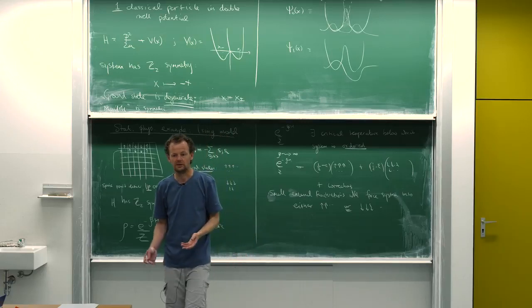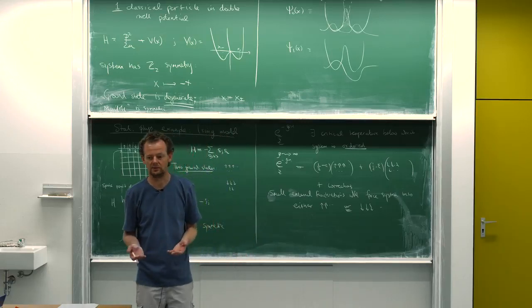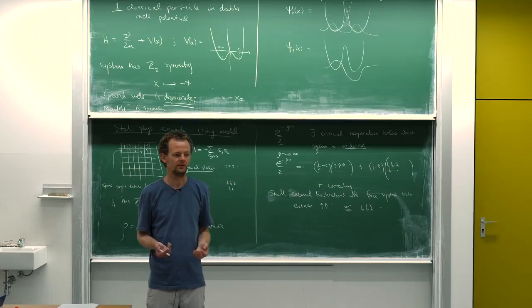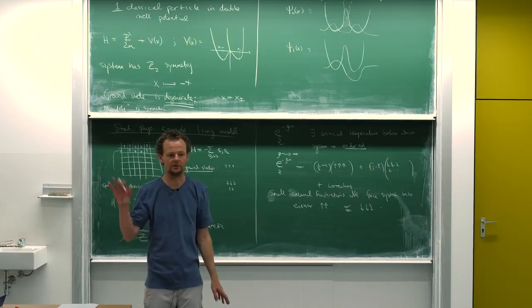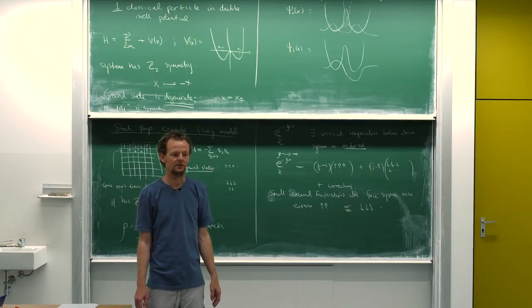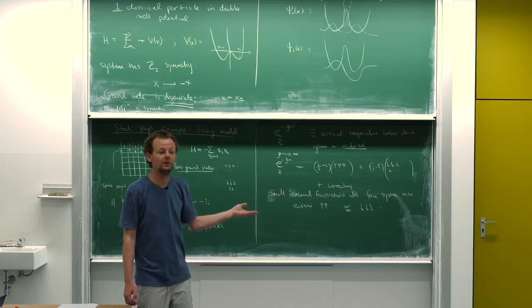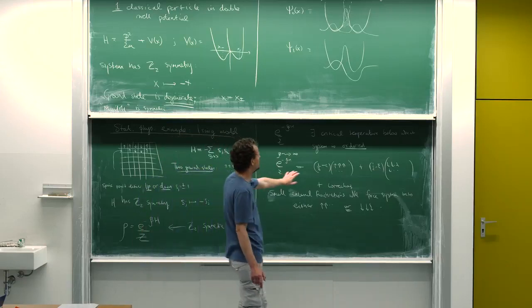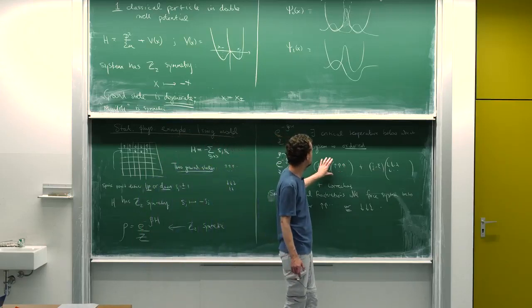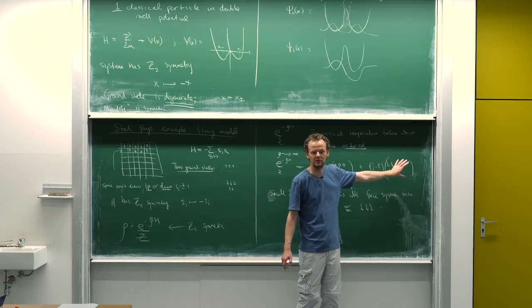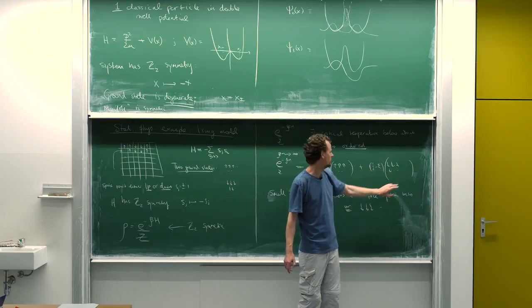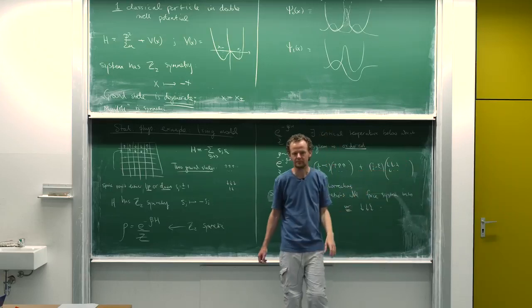If you think of the hard drive, well, maybe no one has a hard drive anymore, but if you did, then you would imagine that you're below this critical temperature. You don't want to be above it, that's bad. And you want to store some information in the hard drive. So you lower the temperature, and all you know is that the system is with 50% probability in this state and with 50% probability in this state, and some corrections.